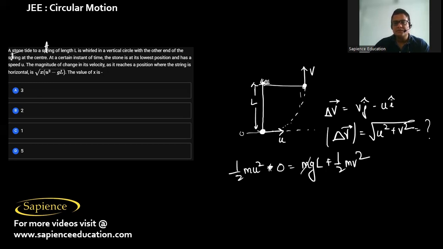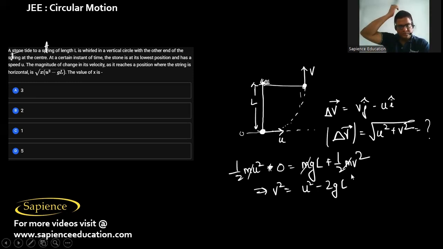So then we can find v. So v square will be equal to u square minus 2gl.